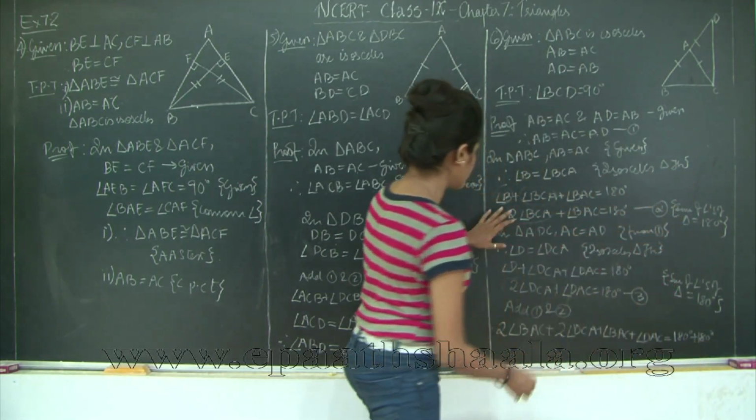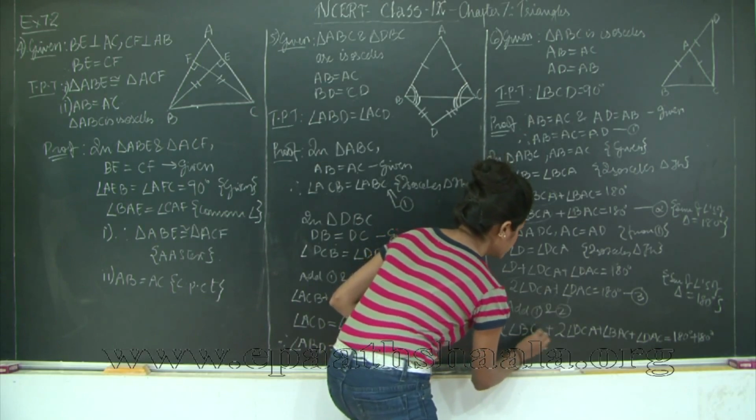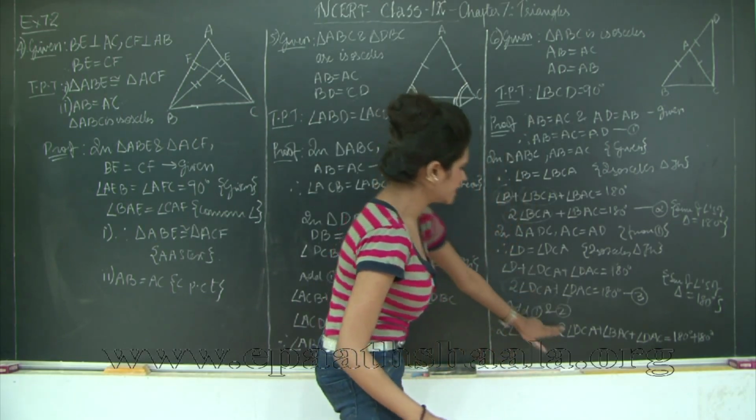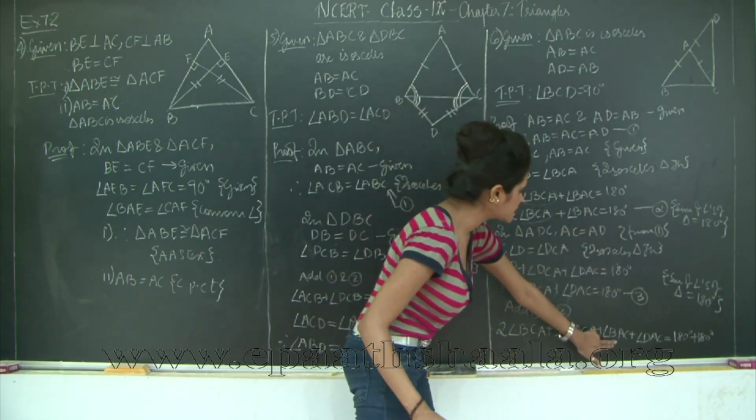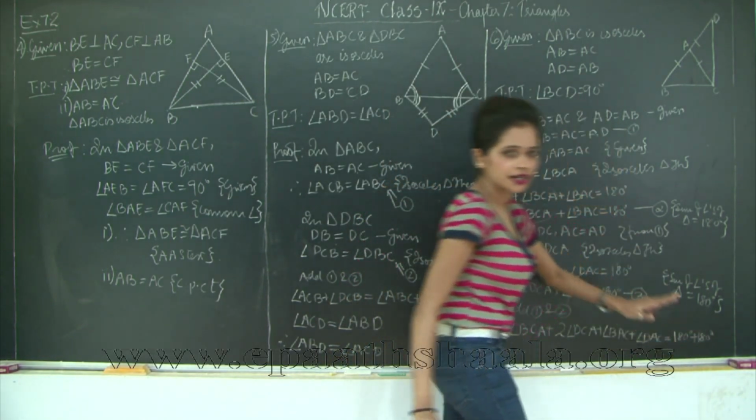So let us just confirm. I have 2 angle BCA plus 2 angle DCA plus angle BAC plus angle DAC is equal to 180 degrees plus 180 degrees.